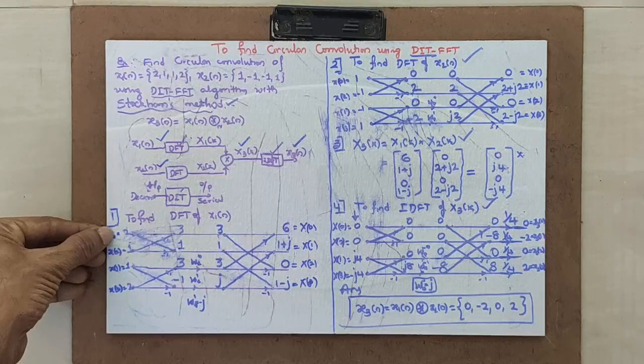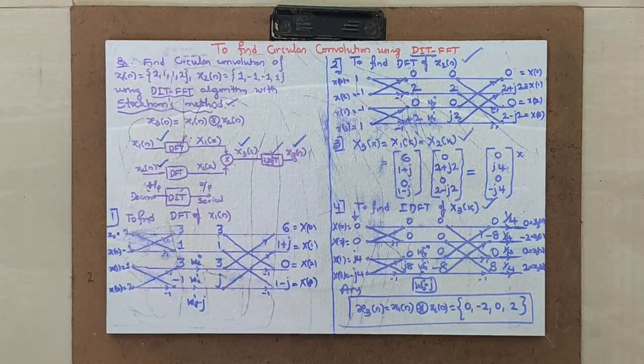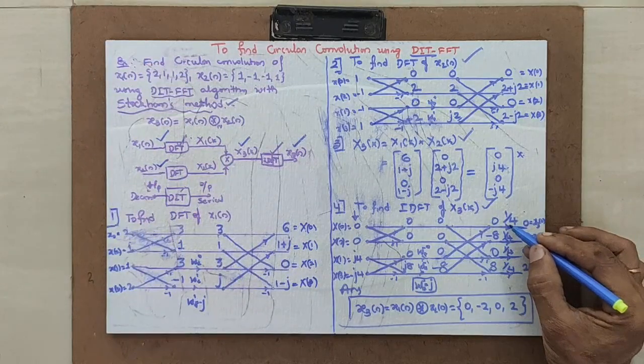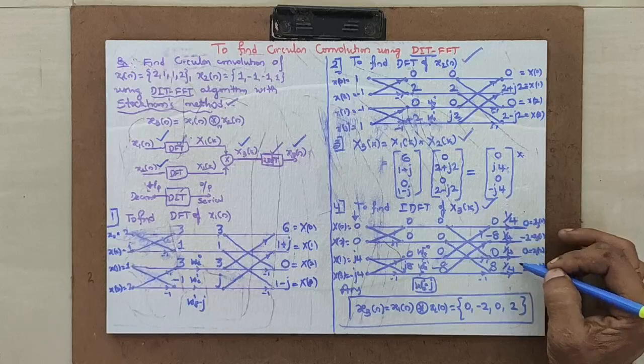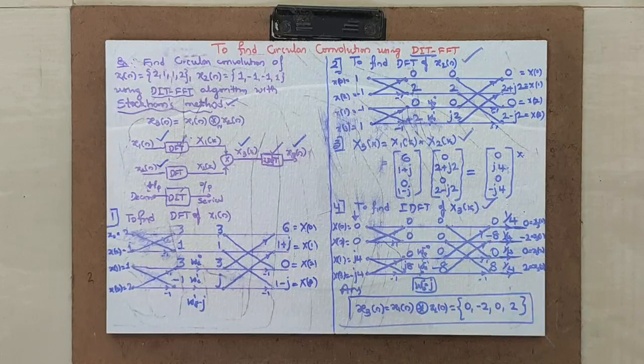Decimation at the input side, output comes in serial in case of DIT FFT algorithm. Okay, that is very important. And while you are finding out IDFT, there is a multiplying factor of 1 by 4, as well as the twiddle factor gets conjugated. These all you have done already. I hope you understood this algorithm. Okay, applying DIT FFT algorithm to find circular convolution with Stockham's method.